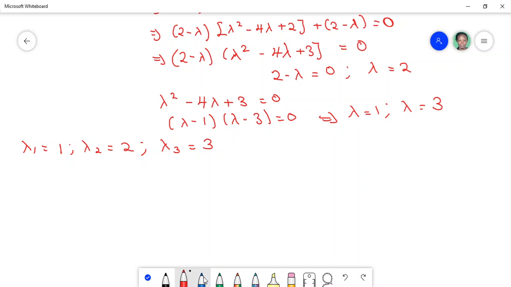Values. So we'll first do that for lambda 1. Let's do lambda 1 equal to 1. What do we have? We have Ax. So I have minus 1, 0 and 1. Then I have minus 1, 3, minus 1.